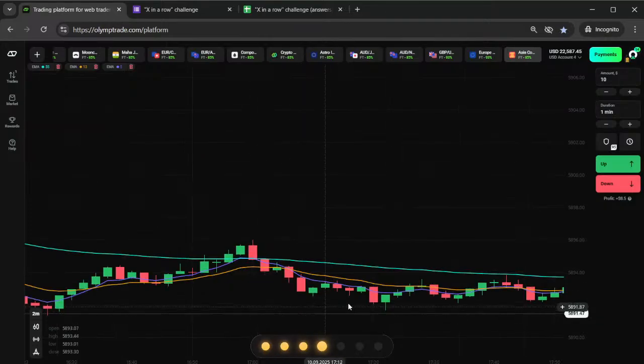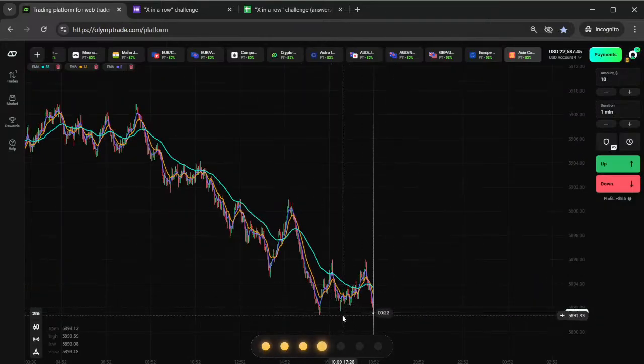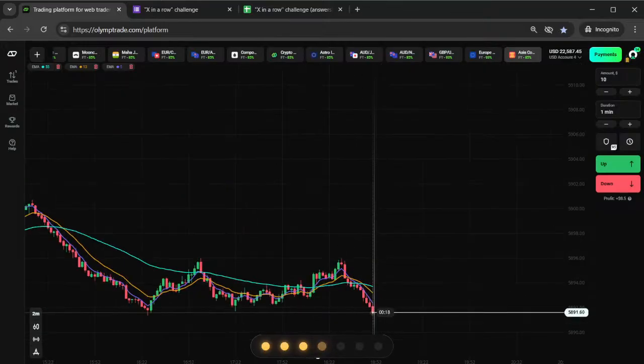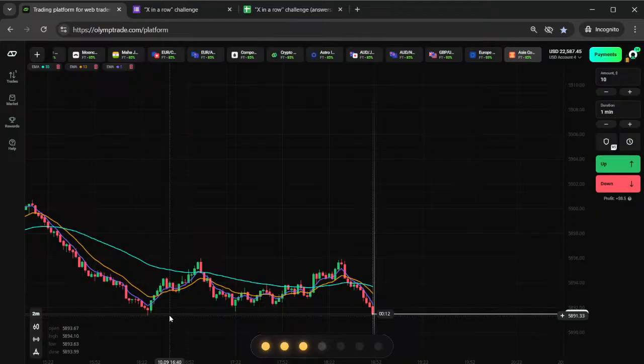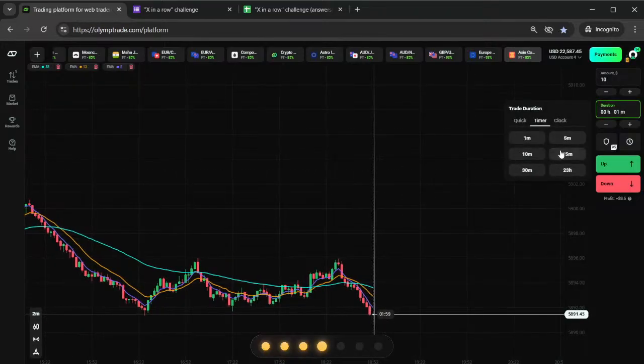But let me see if we can open our trade at least on the basis of the support level. This level might be breached sooner or later. Let's wait for at least 10 more seconds, and in case the market breaches the level, then I will open a trade for 5 minutes in the downward direction.